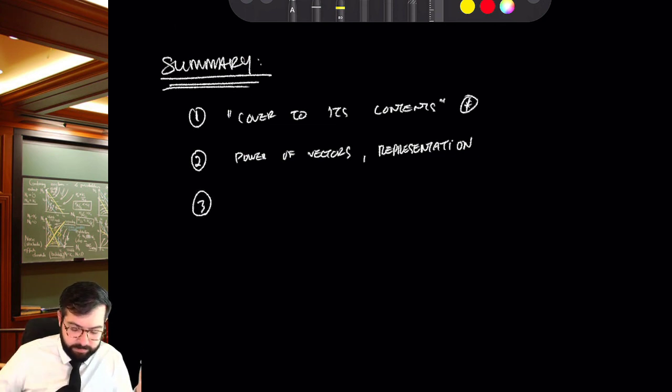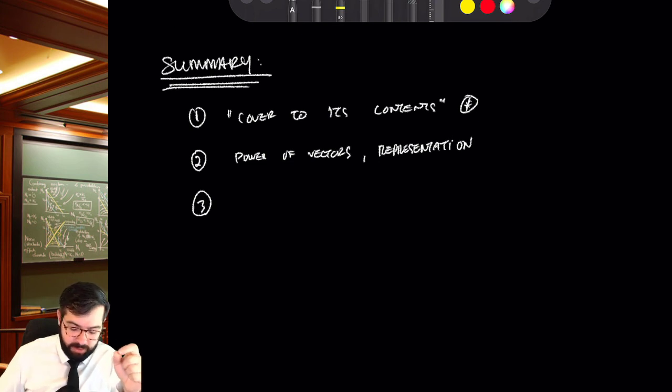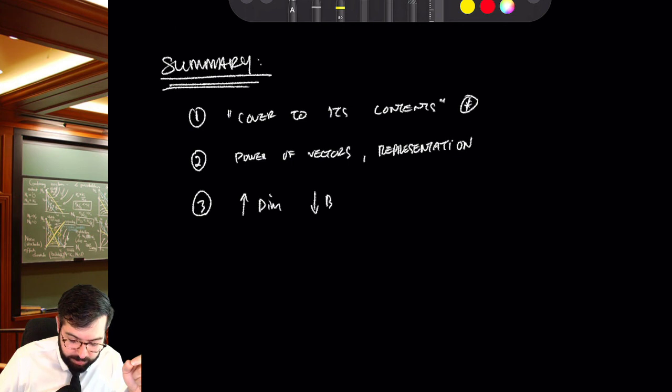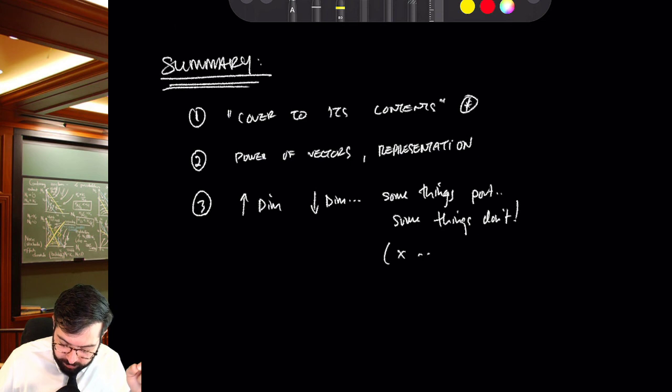Another interesting thing that happens in this course, it doesn't happen in other classes, is traveling up in dimensions and traveling down in dimensions. Some things port, some things don't. So for example, the cross product.